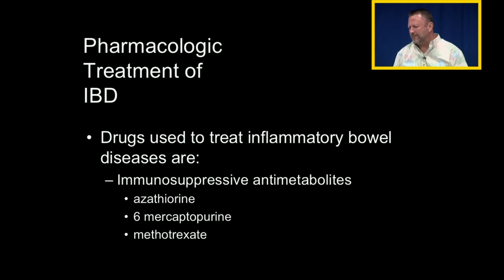Azathioprine, 6-mercaptopurine, methotrexate. These are going to be used as cancer chemotherapeutic agents. They can be used, methotrexate especially, in rheumatoid arthritis. And here we're using the medications as immunosuppressants and then anti-metabolites. Basically, these interfere with the formation of the purines, and these interfere with the formation of nucleotides. That's what I'm trying to say.